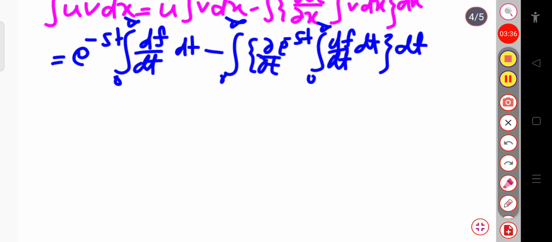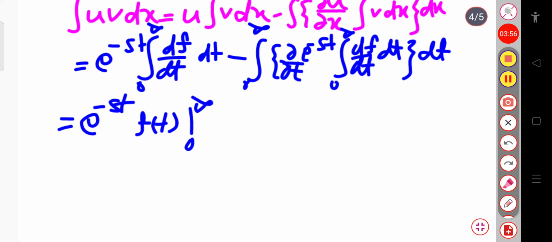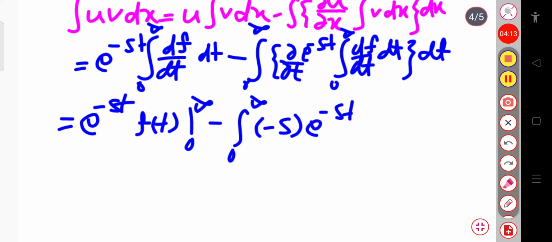Now let us calculate this. This will be exponential minus st; here the dt gets cancelled, so the integration of df will be f, where f is the function of t, with limiting value from 0 to infinity, minus the integration from 0 to infinity, where the first order derivative of exponential minus st is minus s into exponential minus st. Again the integration from 0 to infinity of df by dt into dt, this dt gets cancelled, so the integration of df is f, so this is f of t into dt.